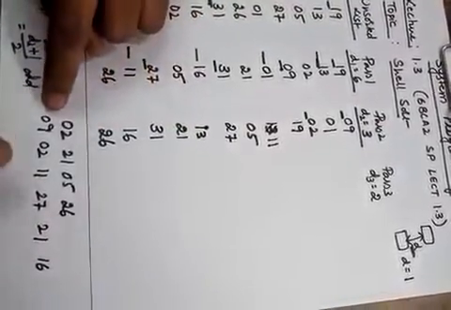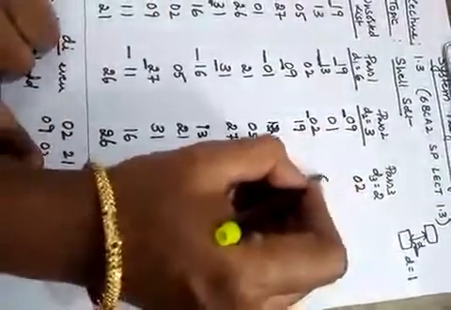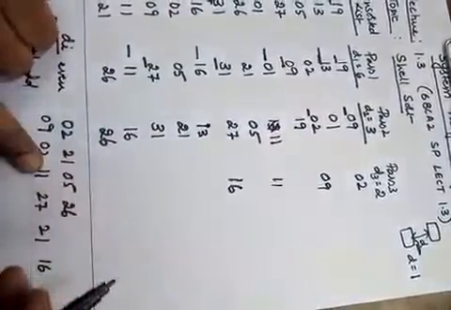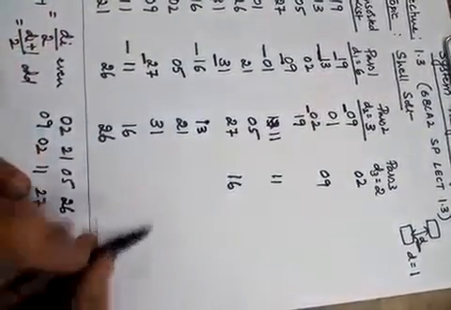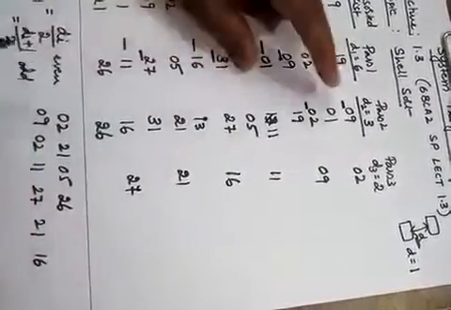We arrange it. What is the order? 2, 9, 11, 16, then 21, 27.